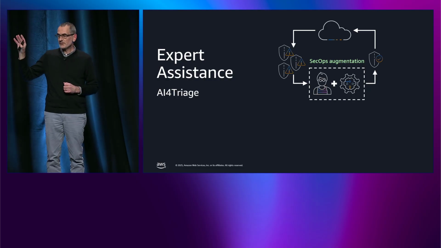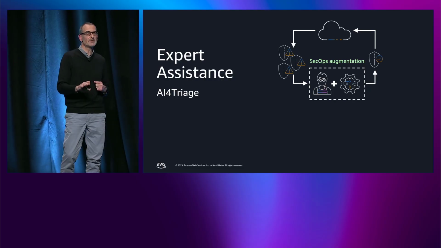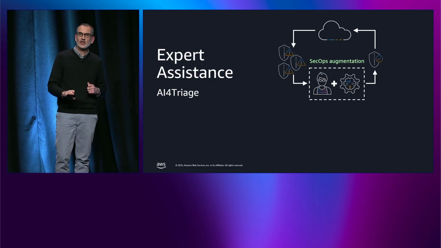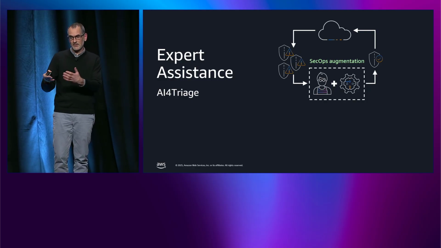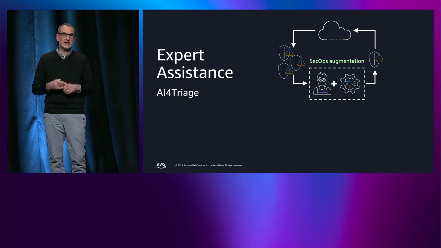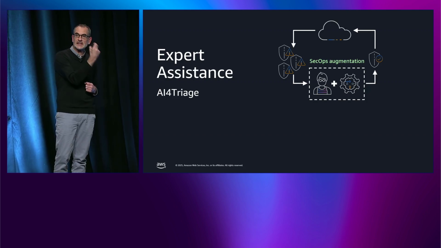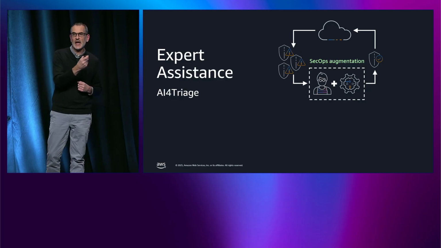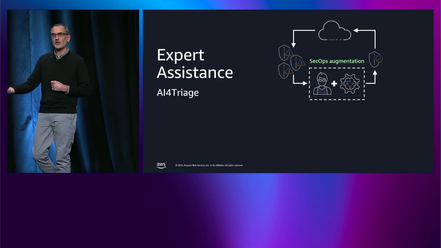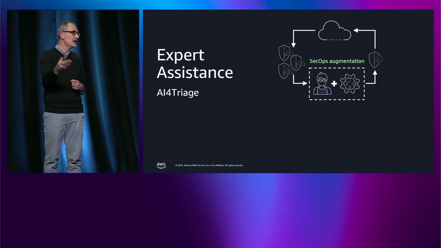Later in the session, Evan is going to be discussing AI for triage, which is an expert in the middle, AI assistance for SecOps engineers. Effectively, it's closing the loop between a platform such as Wiz identifying an issue and an engineer being responsible for applying a remediation back to production systems.